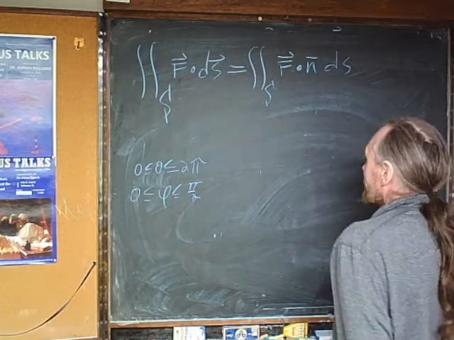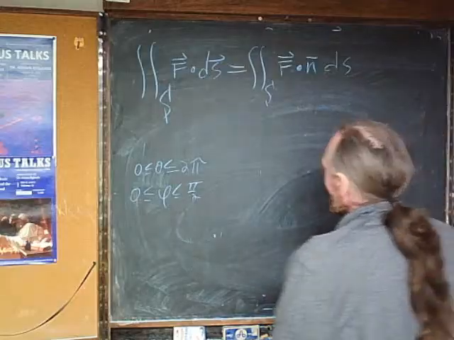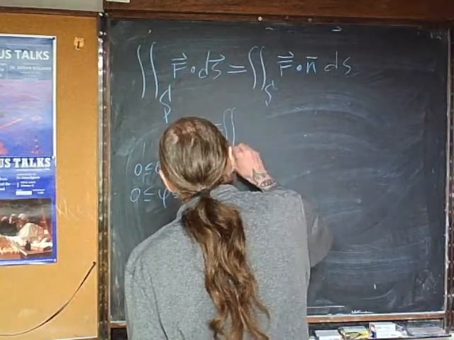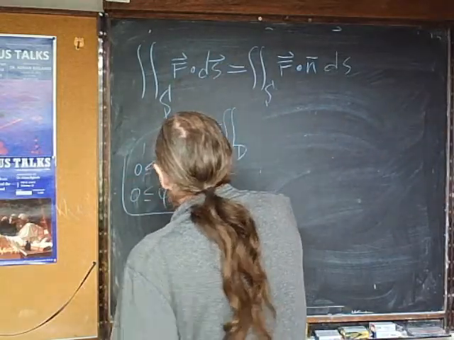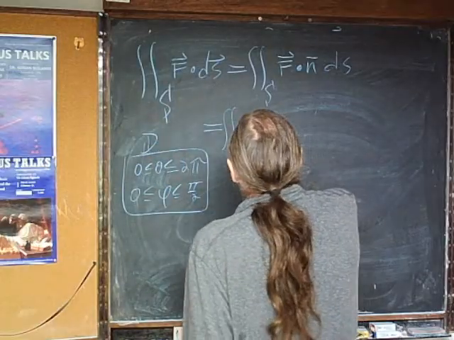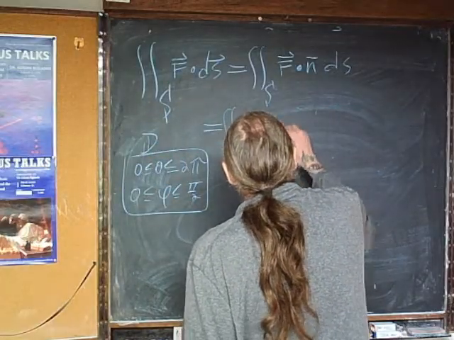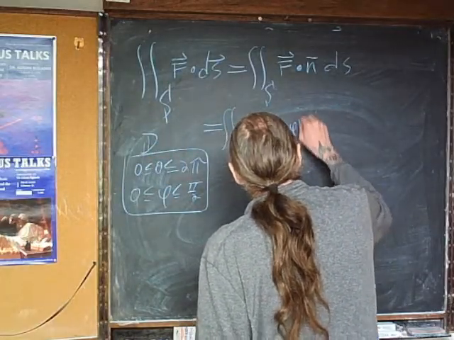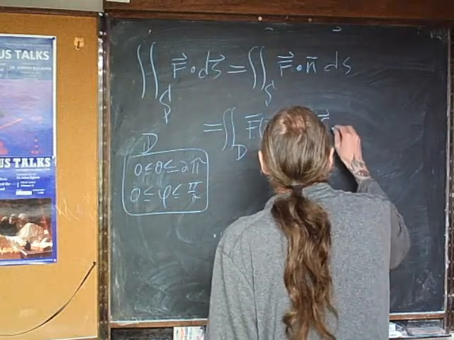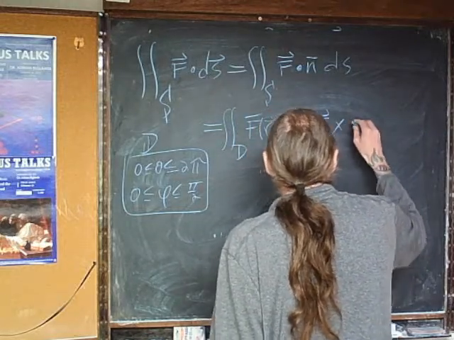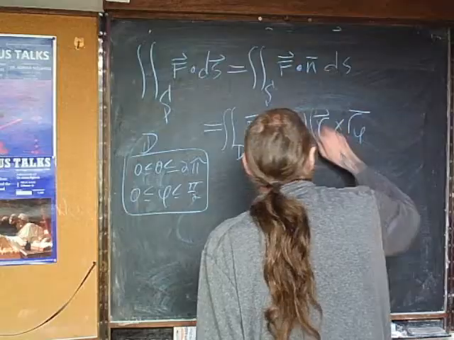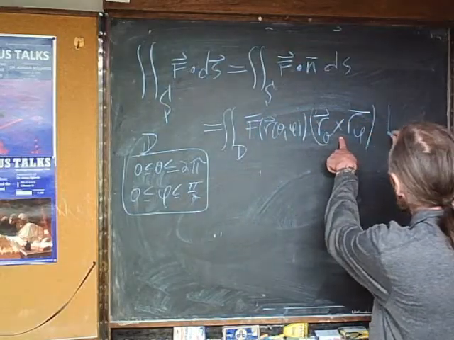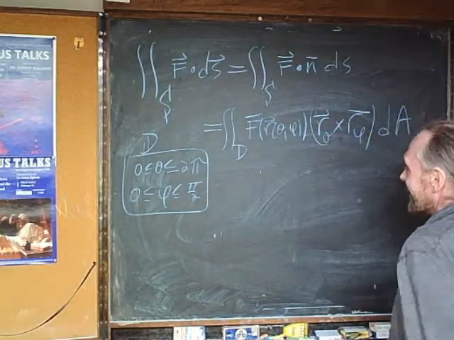Oh well, that whole calculation was useless anyways. It's going to be the integral over the region D of f of r of theta phi times r theta cross r phi. I didn't need the norm, but it was good to find out. dA.